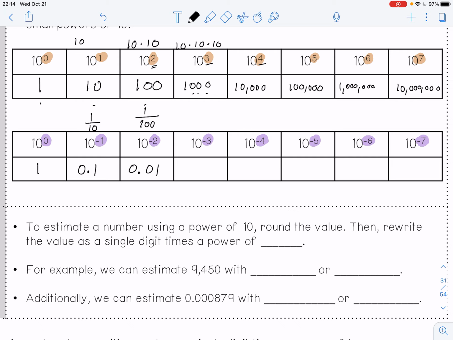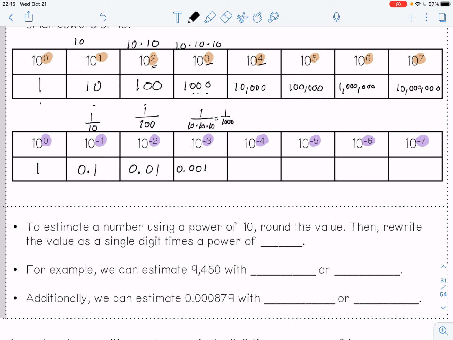Then the next one will be 1 over 10 times 10 times 10, which is 1 over 1,000, and we represent that as 0.001, 1,000th.